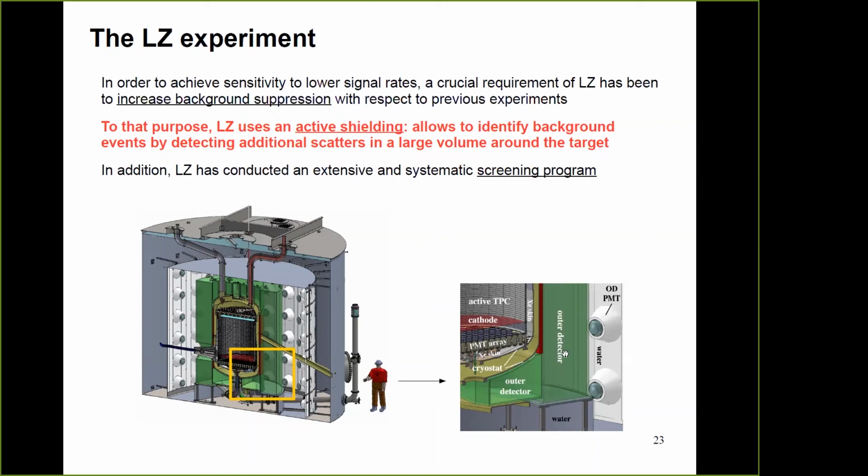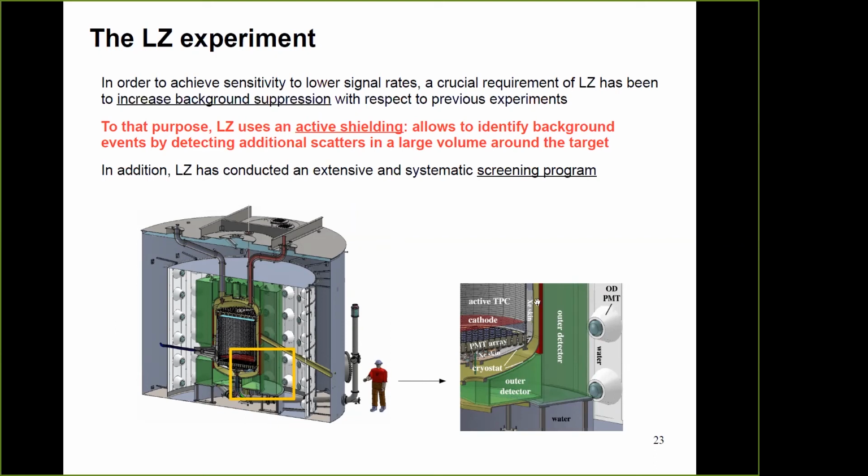So the idea of this is, because backgrounds, in particular neutrons, and also some gammas, will interact more than once. If we see an interaction in the TPC, but also outside, we can reject that event, right?